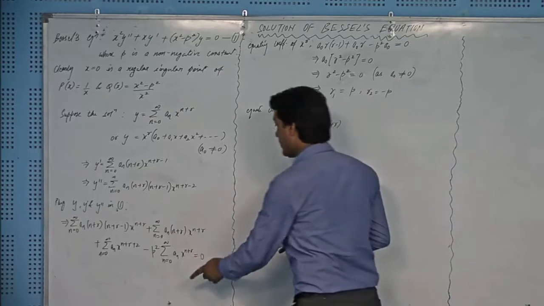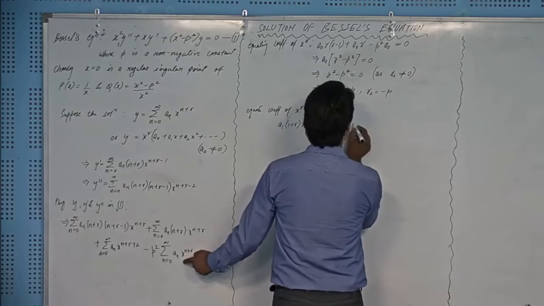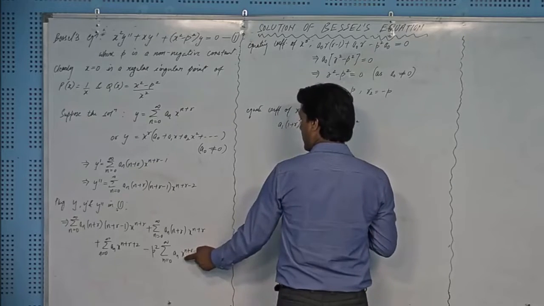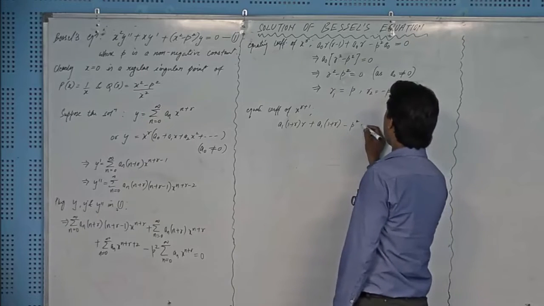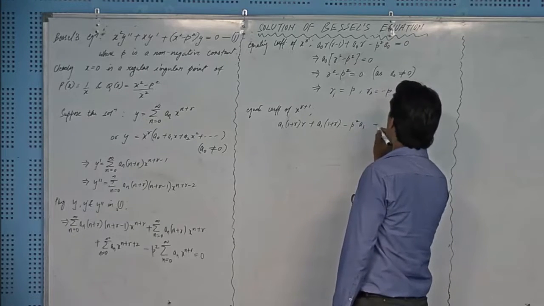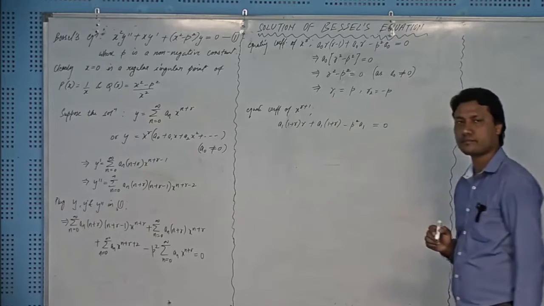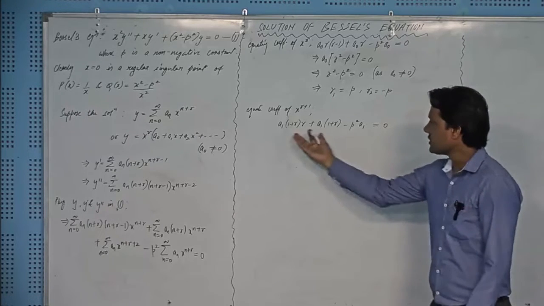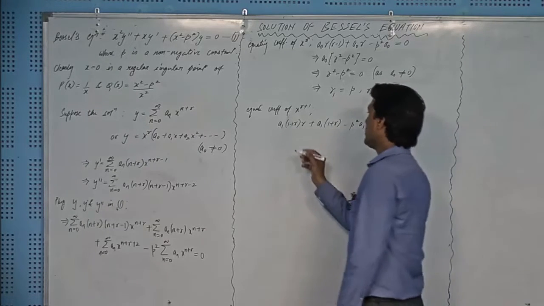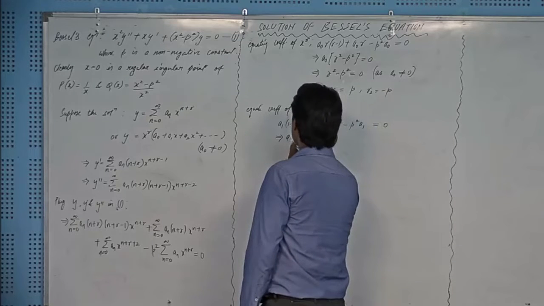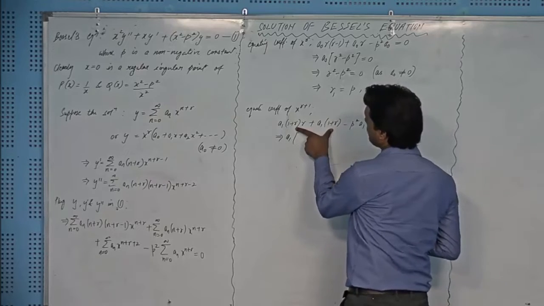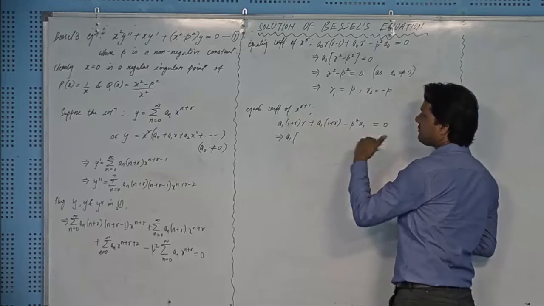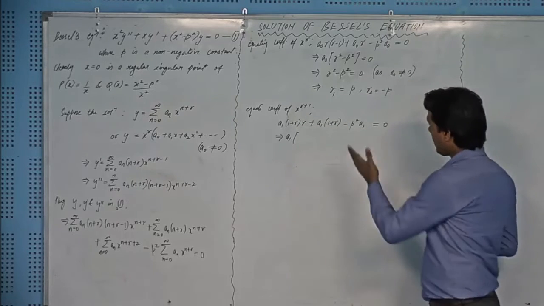So leave that third term and go to the fourth term, that is minus p square, and from here you put n equal to 1, and in that case you will have a1 equal to 0. Now you can take this a1 common, and here you will have (1 plus r) common from these two terms, and r plus 1 again, and that will become (1 plus r) whole square minus p square.